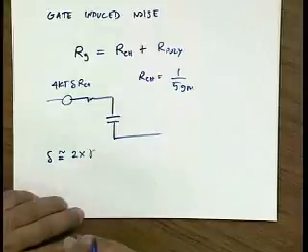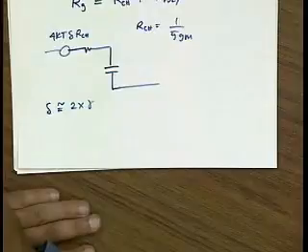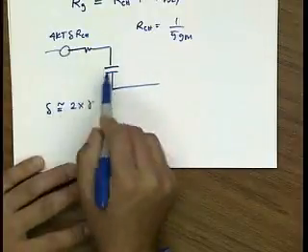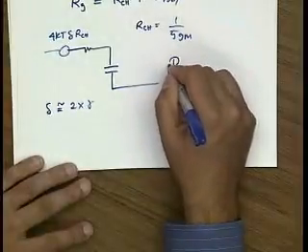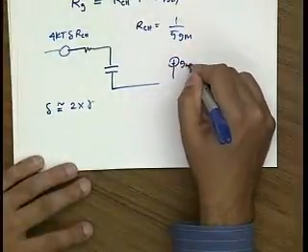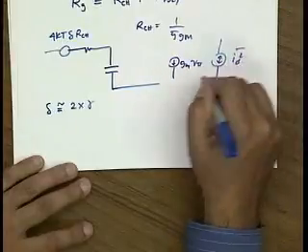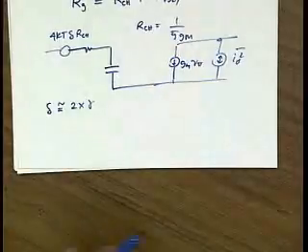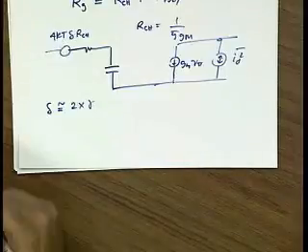Approximately. So 4/3 for a long channel device. Well, the problem with this formulation is that this noise is correlated to the drain noise. So this is gm v pi, and then we have our drain noise. And all the calculations that we've done up to now are invalid because we neglected that correlation. Okay? Any questions up to here?